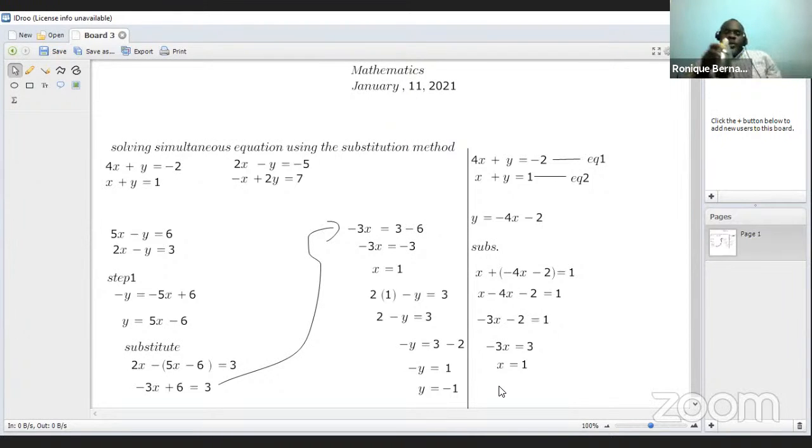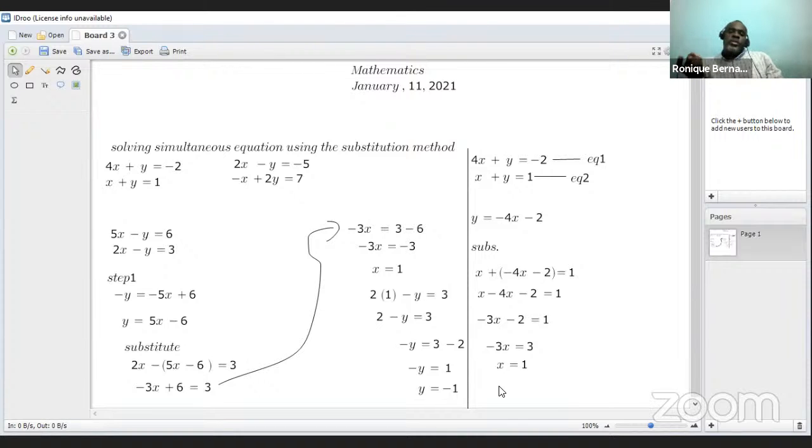Now we have equation 1 and equation 2. We rearrange equation 1.